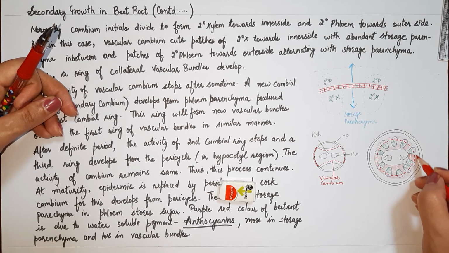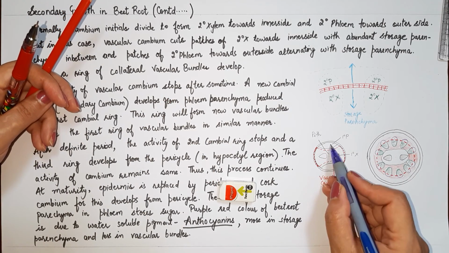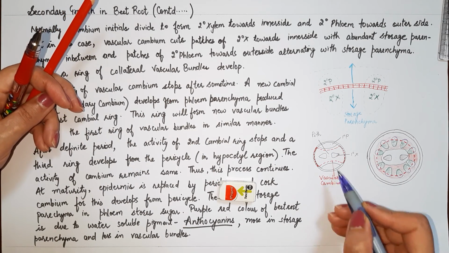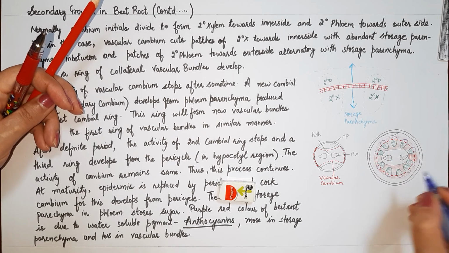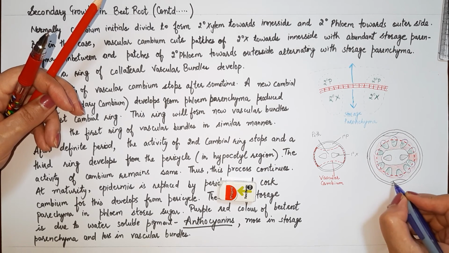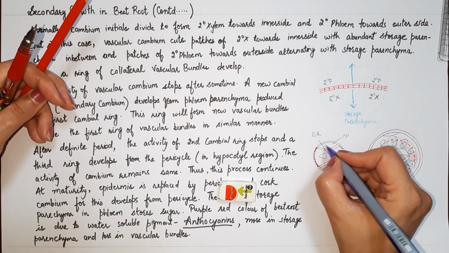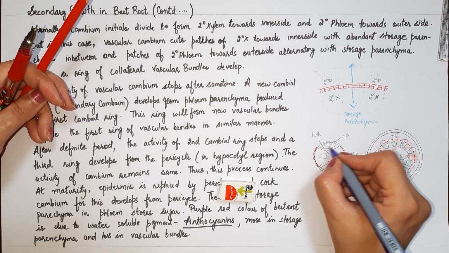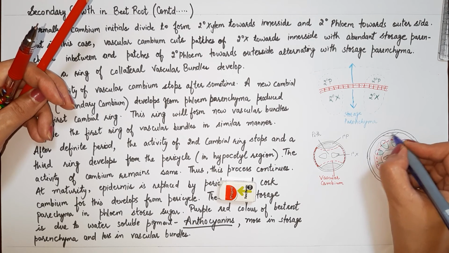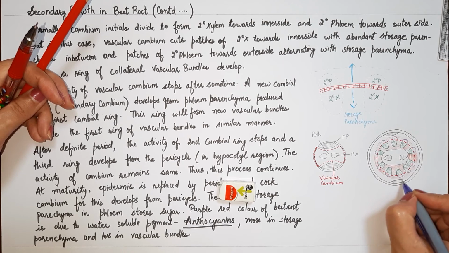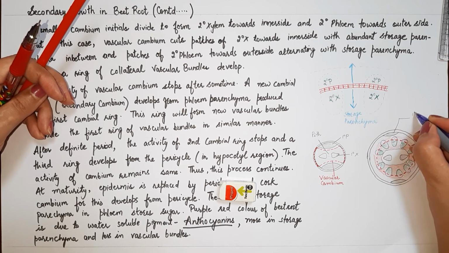Now, before reaching the boundary, just mark the areas of primary phloem. This was primary phloem, so it will move towards the periphery, towards the outer side, and it gets crushed. So, you can reduce its area. Let us suppose we show it with horizontal lines here. So, this is the area of primary phloem.